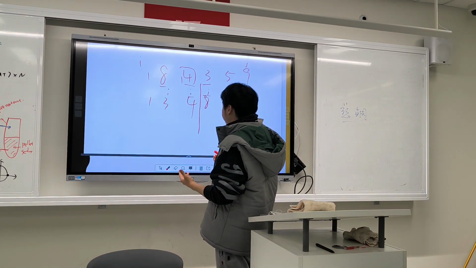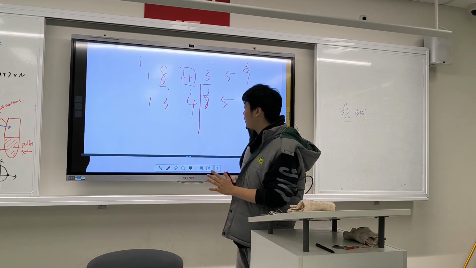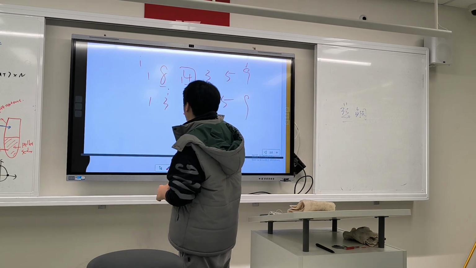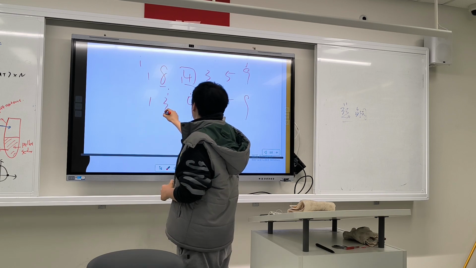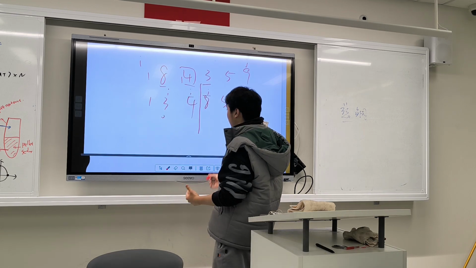And then you just repeat this partitioning process. You choose a new pivot for each of these subarrays.